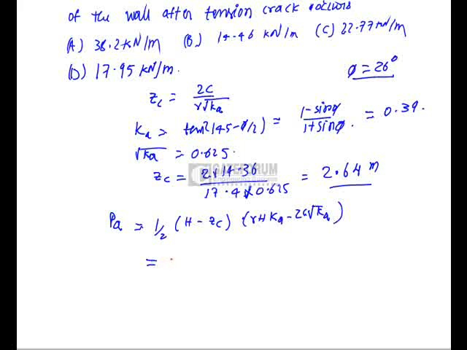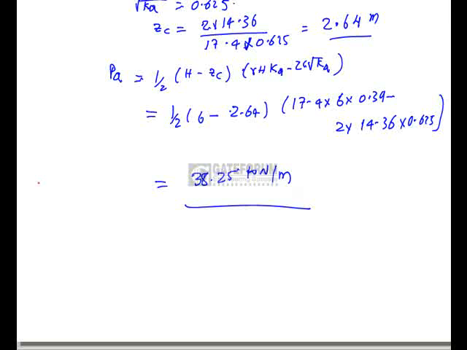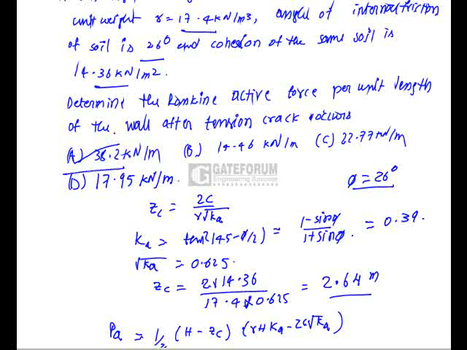That is equal to half times (6 meters minus ZC, 2.64), gamma is 17.4, H is 6 meters, Ka is 0.39, minus 2C which is given as 14.36, root Ka is 0.625. Therefore, we will get the value of 38.25 kilonewtons per meter, that is 38.2 approximately. So option A is correct.